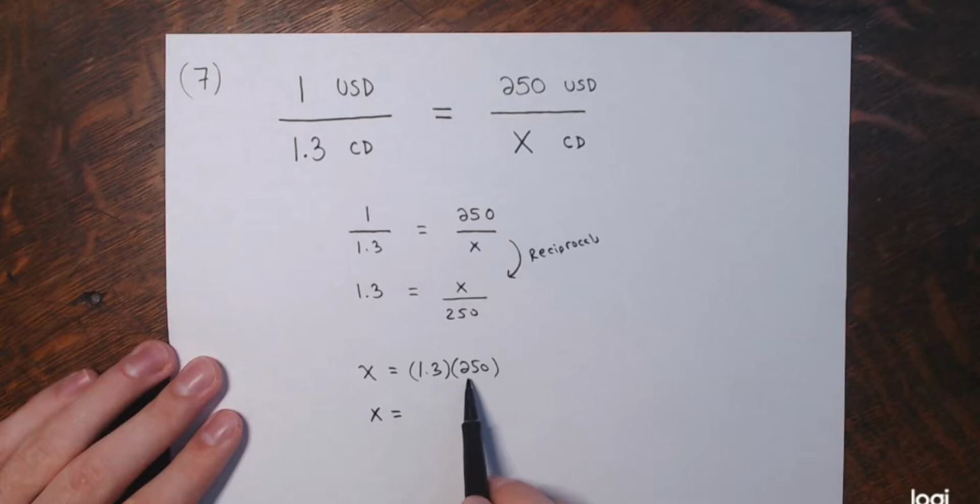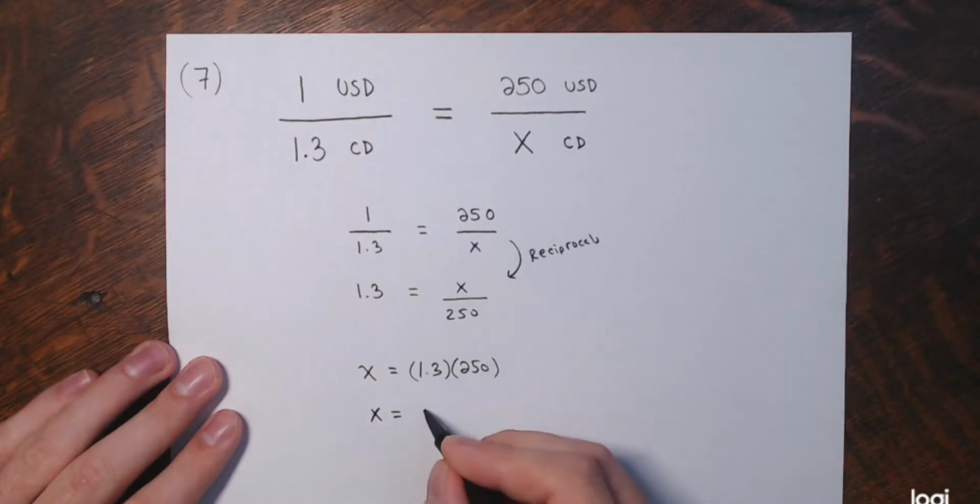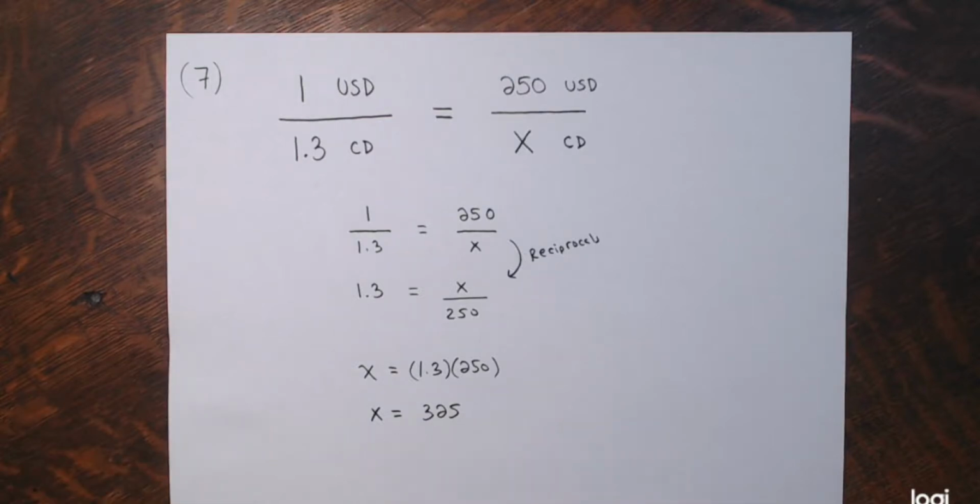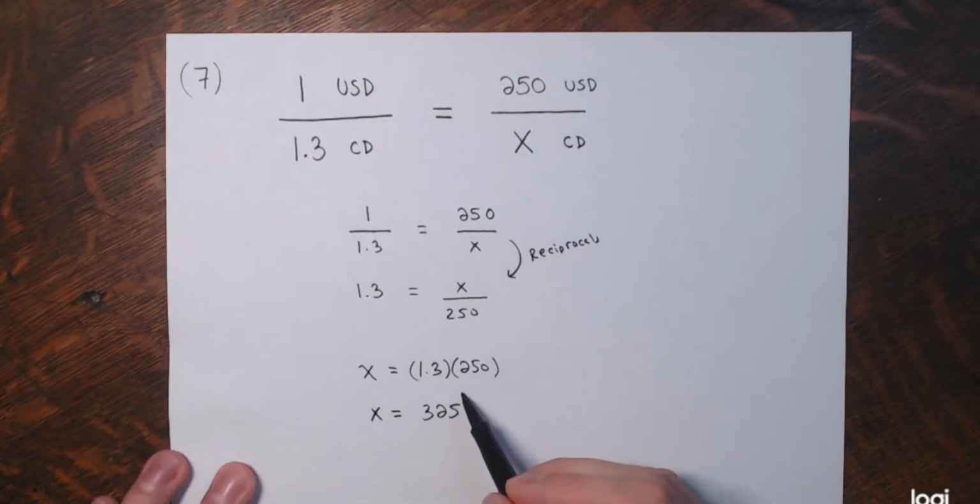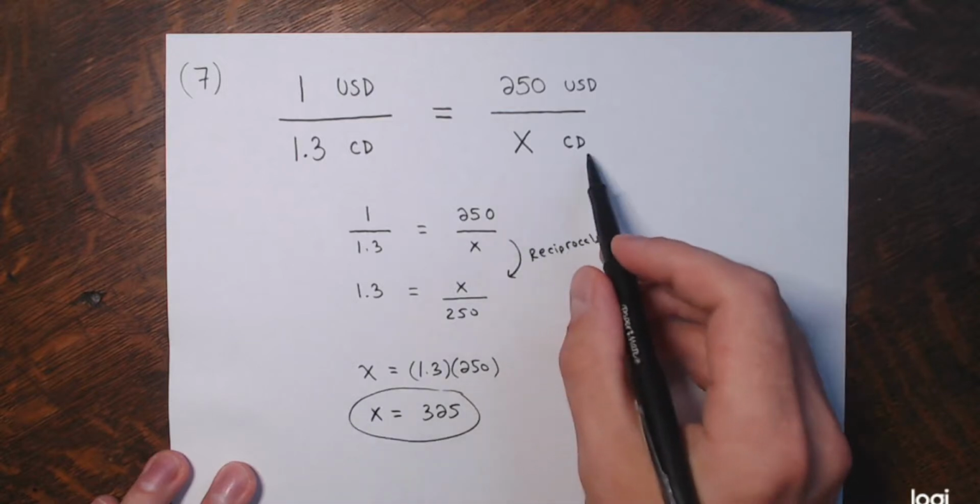Now 13 times 25 would be 325. So this is 325. Now remember, you have to give this meaning. 325 what? Remember, what X represented was Canadian dollars.